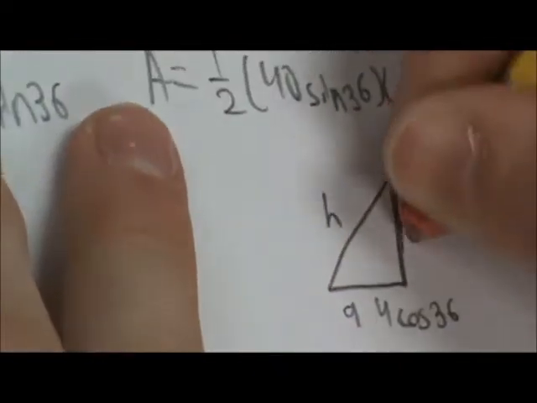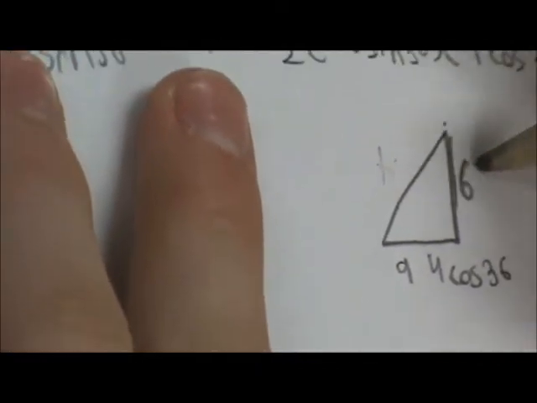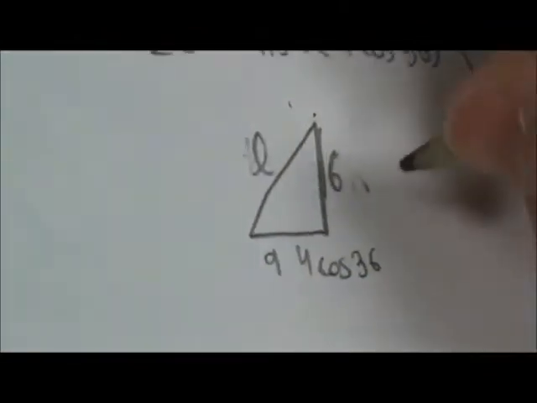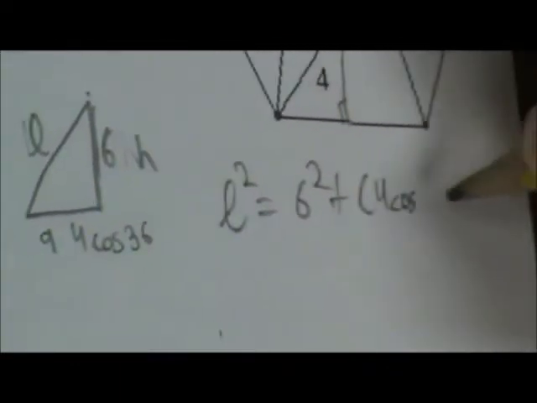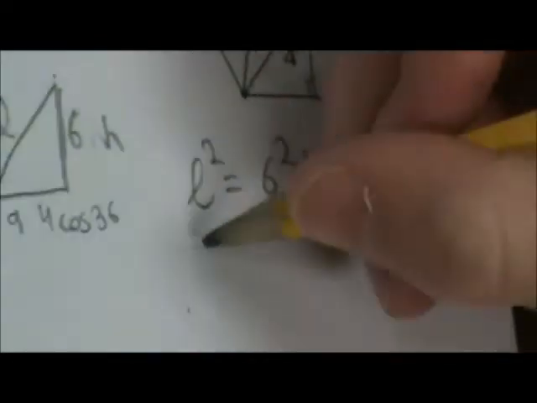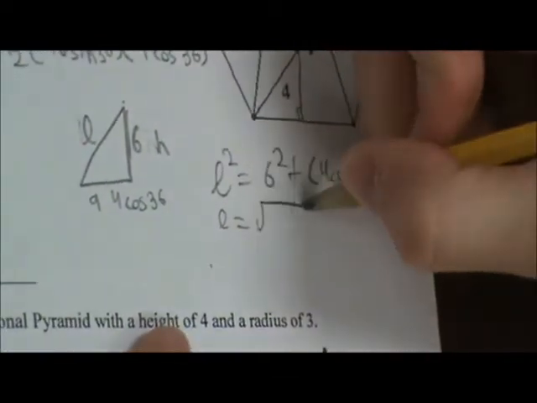We take the right triangle, where the apothem is the base and the height is the pyramid's height, and the hypotenuse is L, the slant height. So we plug in what we know: 6, and 4 cosine 36 on one side. Then we use the Pythagorean theorem to find out what L is.